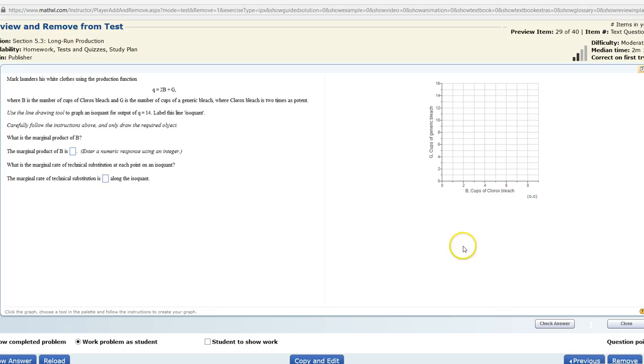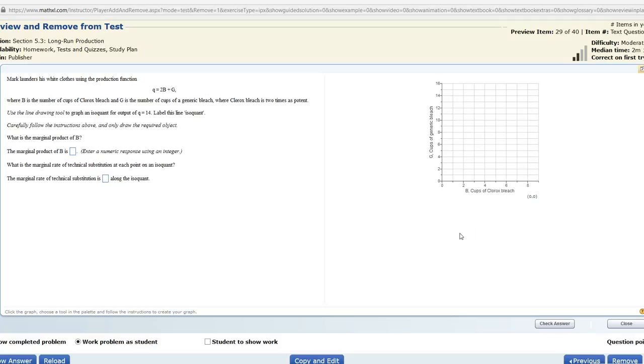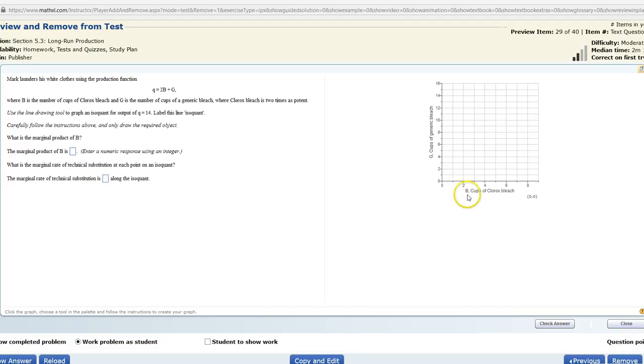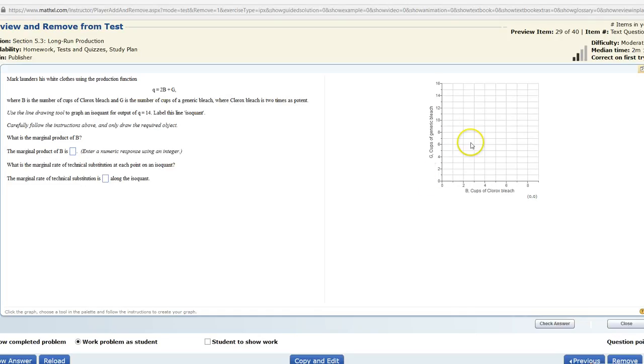So the horizontal intercept for our straight line is 7, because the horizontal axis is B, and the vertical intercept is 14. With those 2 points, we choose the line drawing tool, with horizontal intercept 7 and vertical intercept 14. And this is our isoquant.